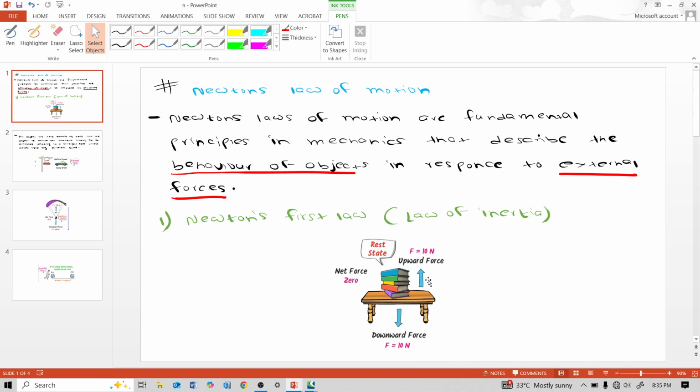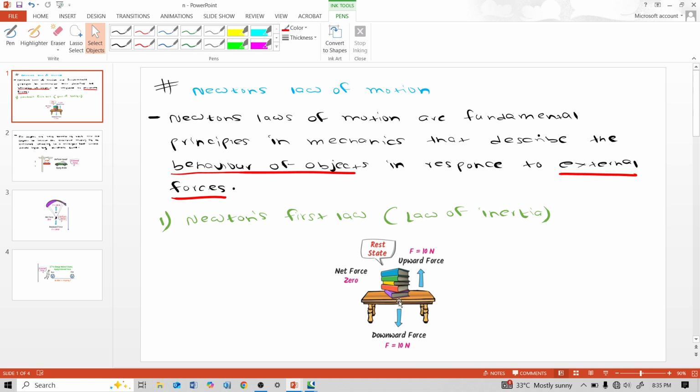See this diagram. This is a table, and on the table there are 5 books, and these books are at rest. The total weight of those books is 10 kilonewton. Due to that downward 10 kilonewton force, an upward reaction of 10 kilonewton comes, and those books are at rest.